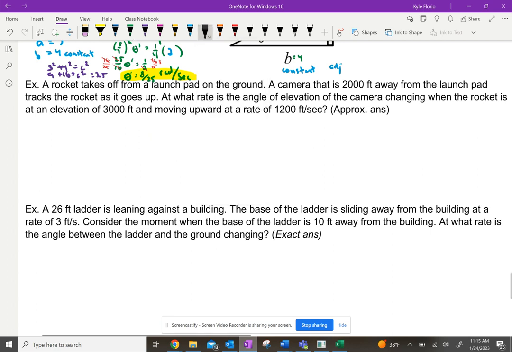So let's see if I can draw something. All right, so we have a rocket going up. So here's the ground. And you have this rocket going up. Okay, and we have a camera right here.